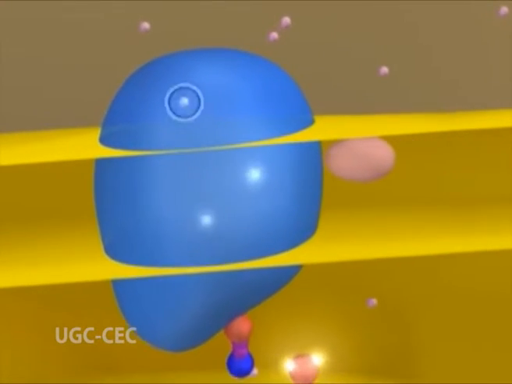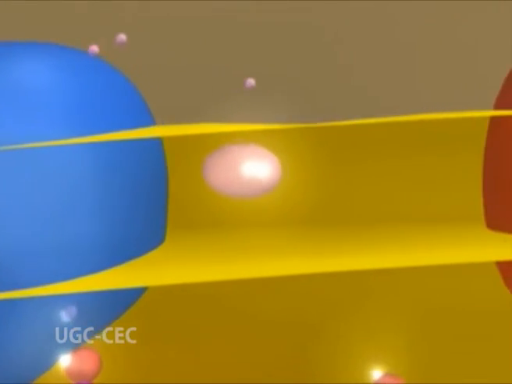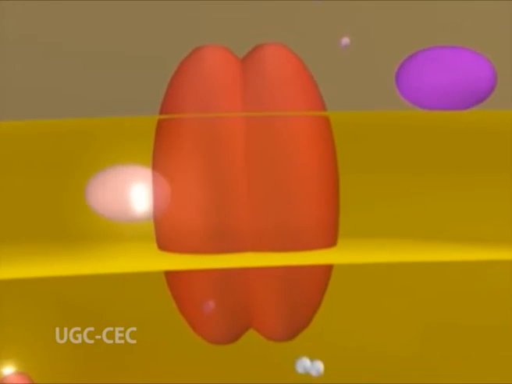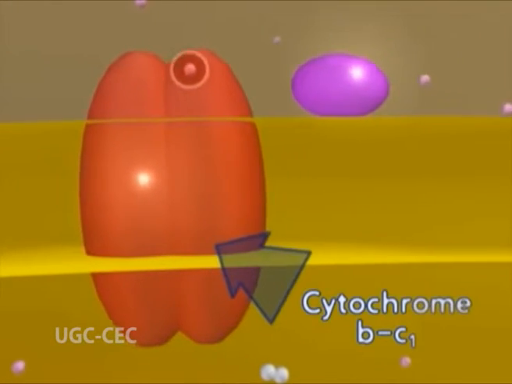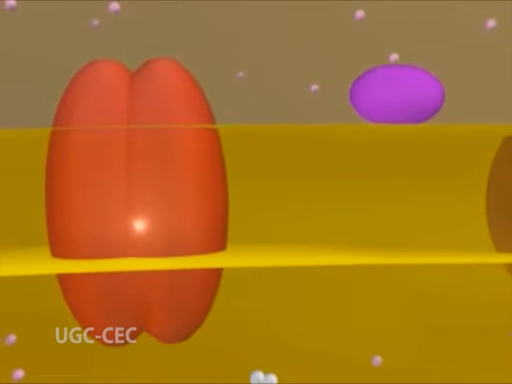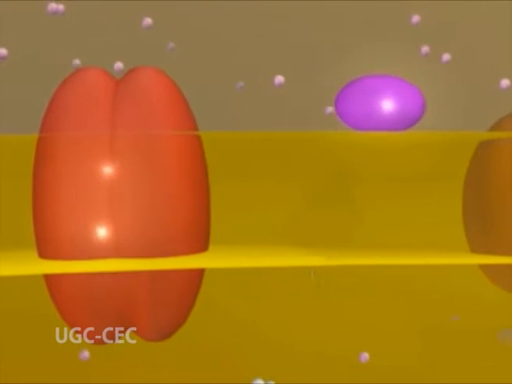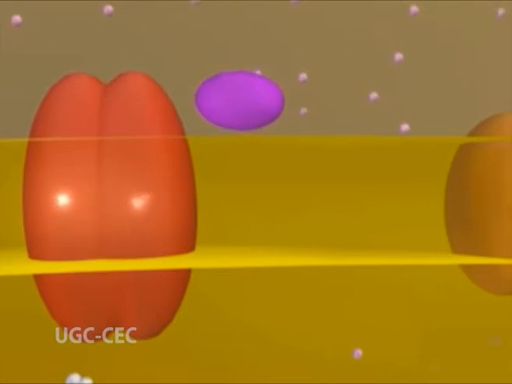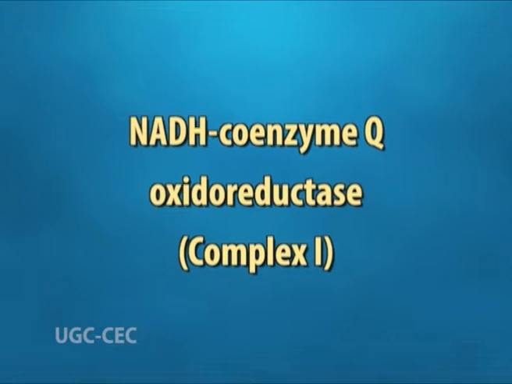All proteins within the chain move back and forth between the reduced and oxidized states as the electrons are passed to and from them. Now, we shall see these components in detail. Firstly, the NADH coenzyme Q oxidoreductase, complex 1.